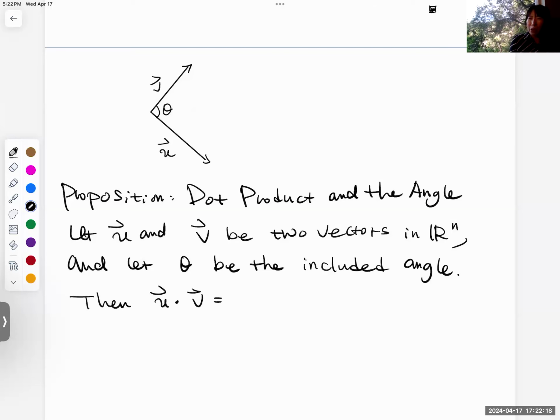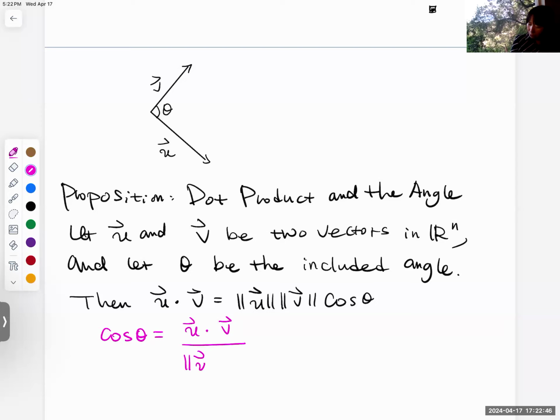So we are using the angle related with the dot product. Then we have the magnitude of u, the magnitude of v, and cosine theta. Now if we solve for cosine theta, then we can express it this way, right? So u dot v over the magnitude of vector u times the magnitude of vector v, right? Is that okay?